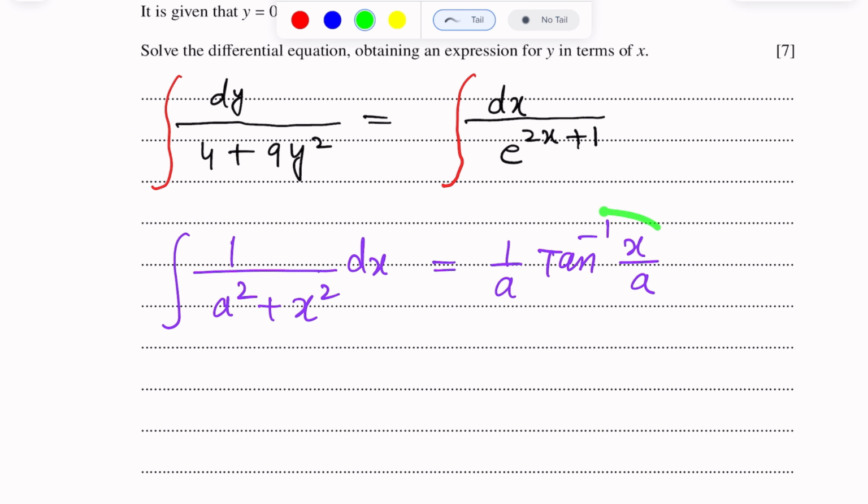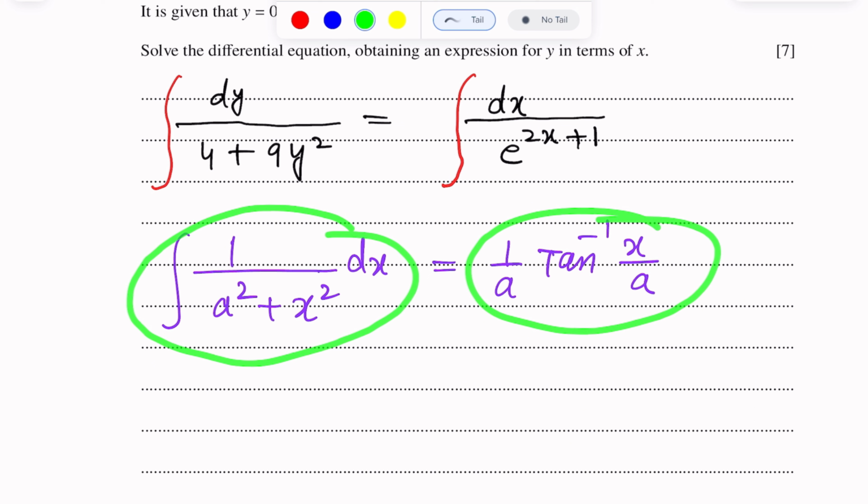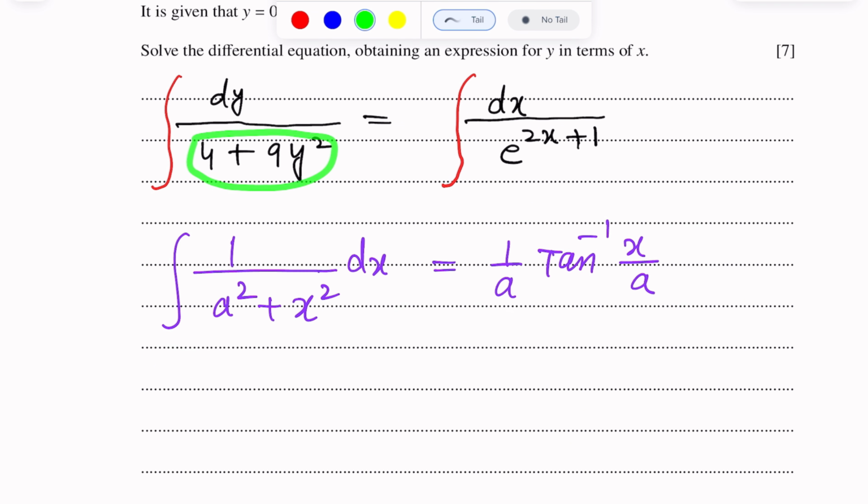This formula will be used here. First of all, according to this formula, we will make the coefficient of y square 1, because in the formula the coefficient of x square is 1. We are taking common 9 from the denominator.